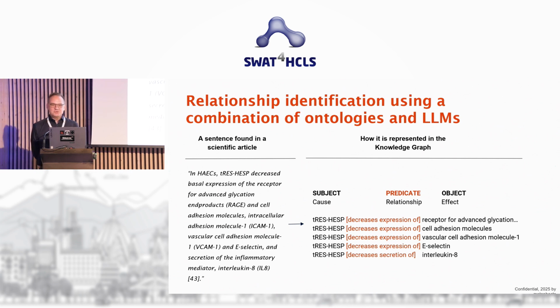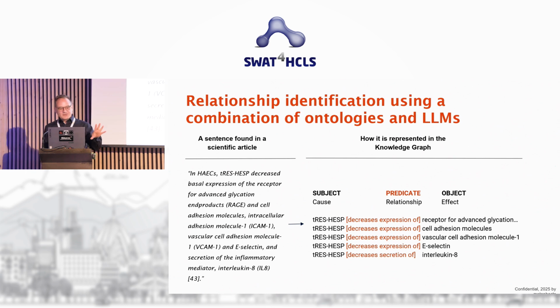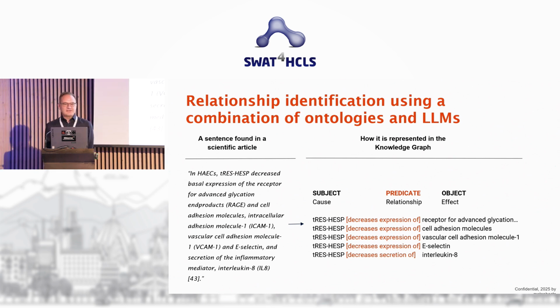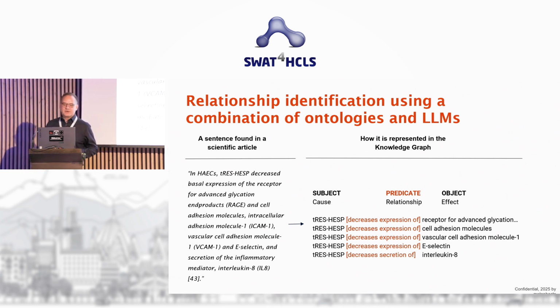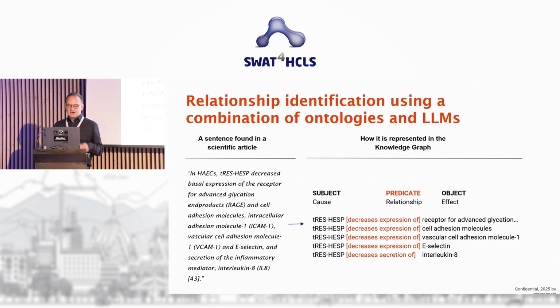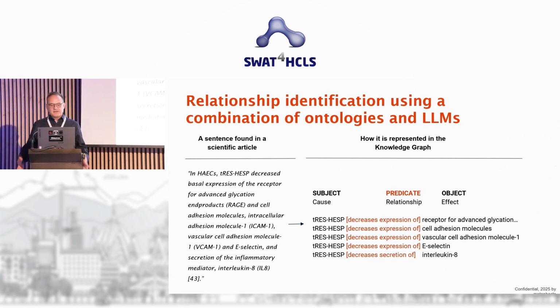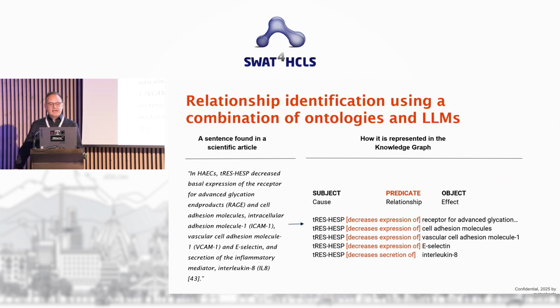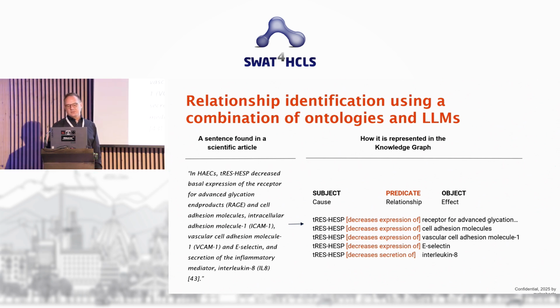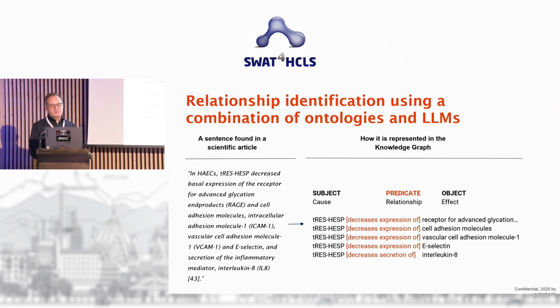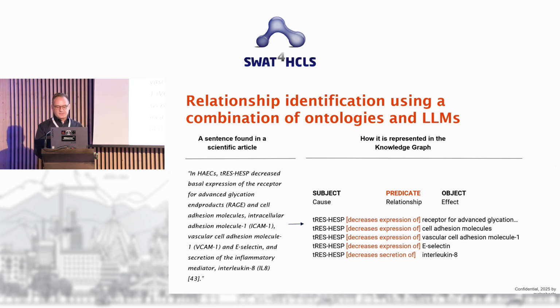What you need to do is transform the information in this sentence into a structured form that you can then upload into a knowledge graph. This is basically what we have done. You see here on the left side a protein, then the relationship, the predicate, and then an object, in this case again proteins, and different types of relationships are identified here.